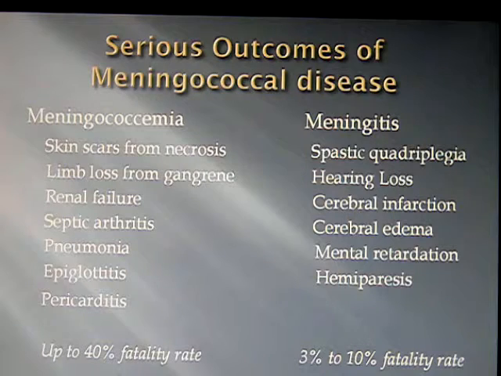This also has a fatality rate of about 40%. The second serious form is meningitis, with spastic quadriplegia, hearing loss, cerebral infarction, cerebral edema, mental retardation, and hemiparesis. It also has a fatality rate of 3 to 10%.